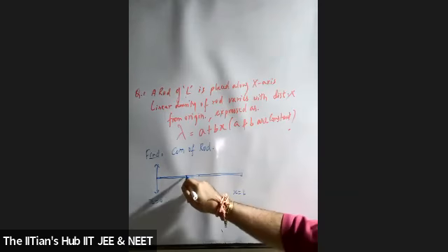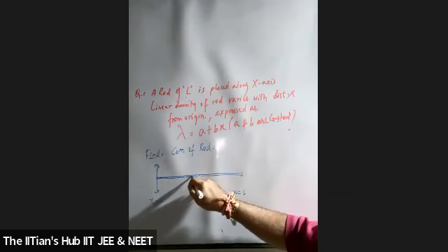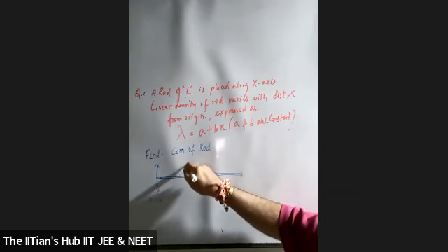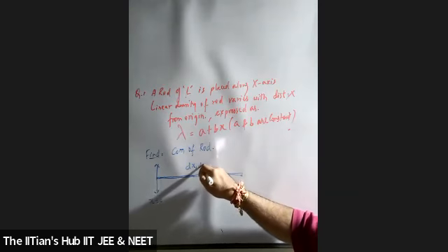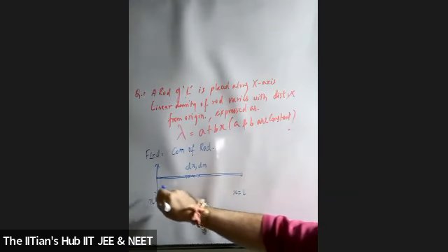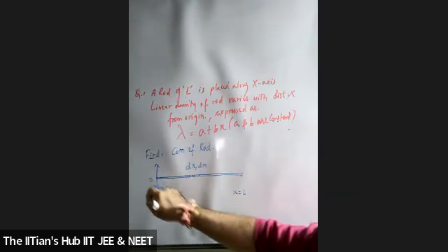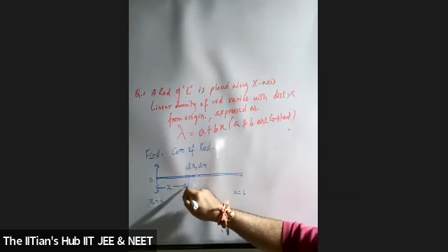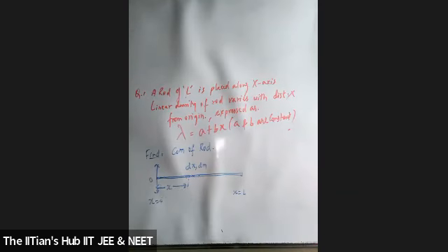So try to take an element over here. Let me take this as an element. Okay, this part is of an element. Okay, this is dx. Its mass is dm, and this particular element is at a distance from the origin, students. Small x. I want to find out the center of mass. लेकिन how is lambda distributed?